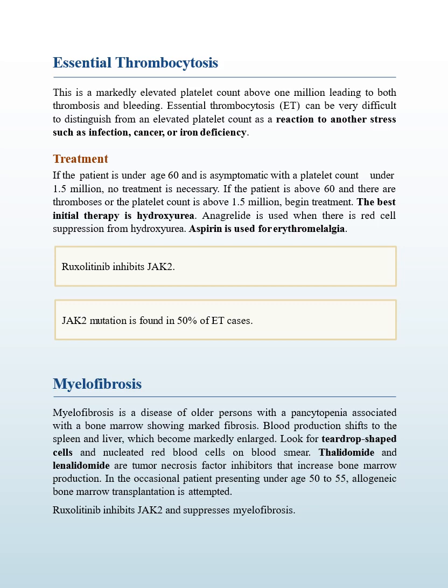Thalidomide and the other one, lenalidomide, are tumor necrosis factor inhibitors, which will increase bone marrow production. On some occasions, in patients under 50 to 55, allogeneic bone marrow transplant can be attempted. Also, we need to know that ruxolitinib inhibits JAK2 and suppresses myelofibrosis.